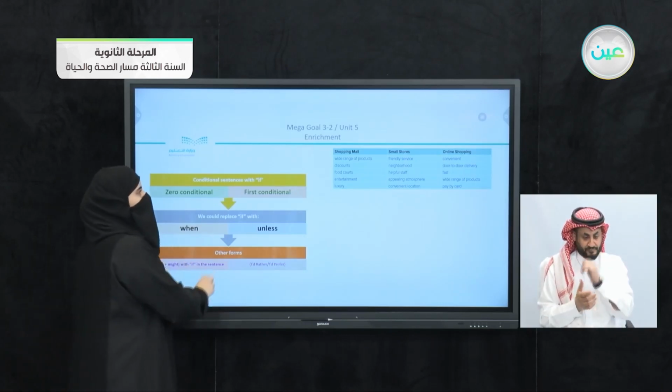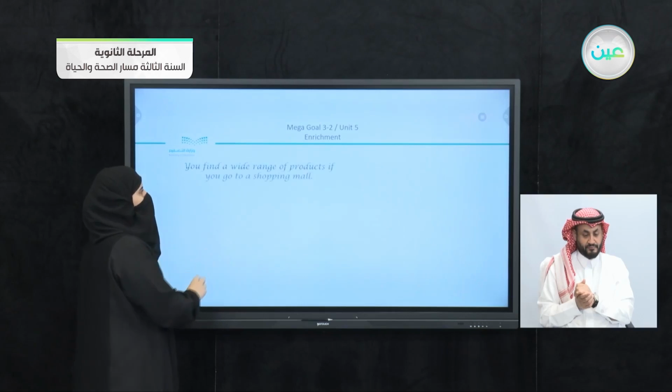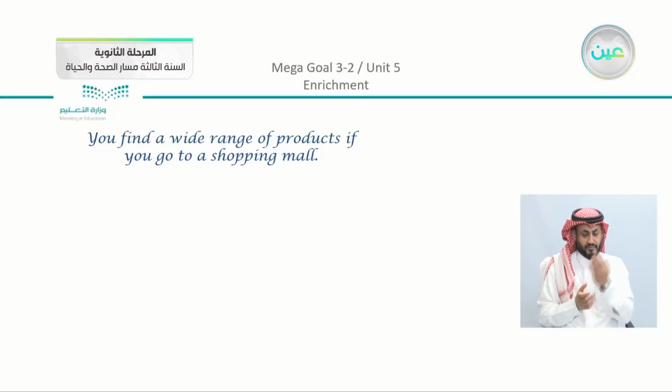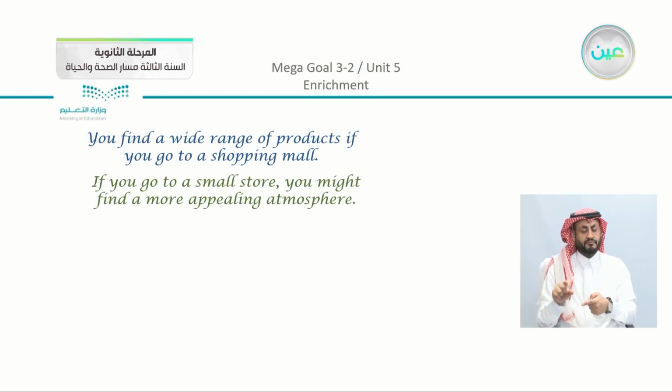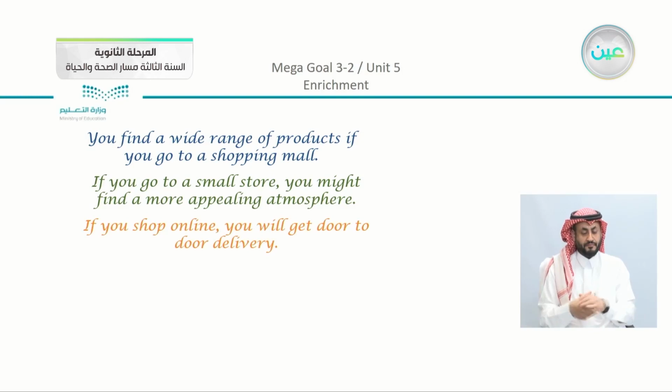So we have, you find a wide range of products if you go to a shopping mall. Another example, if you go to a small store, you might find a more appealing atmosphere. If you shop online, you will get door-to-door delivery.